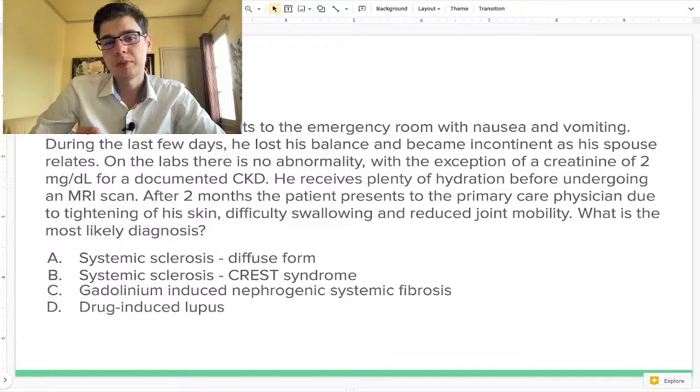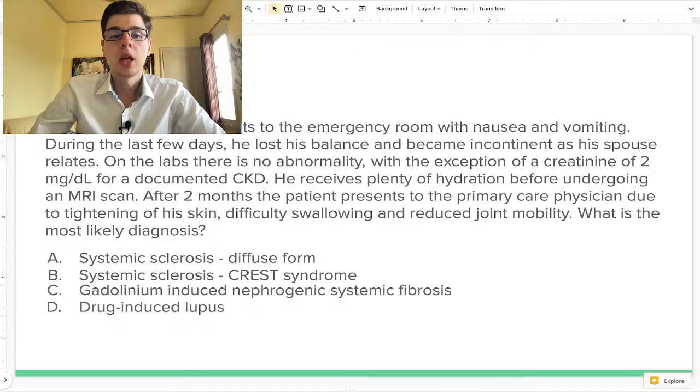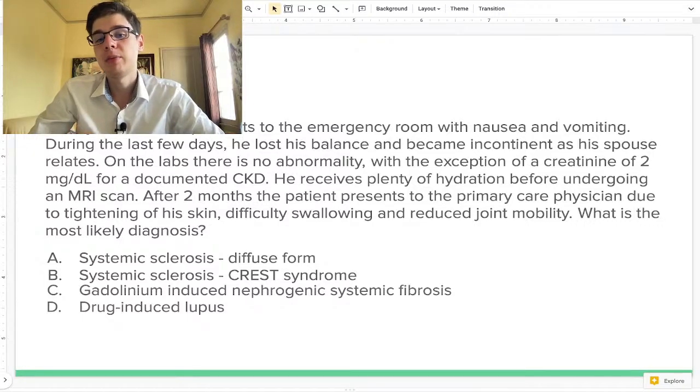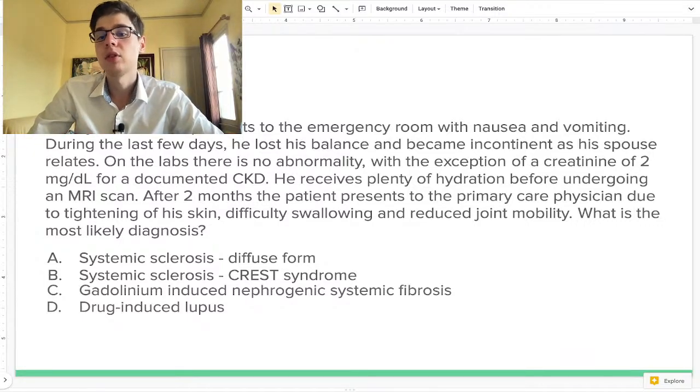What's interesting is that if we would have a diffuse form, the reduced joint mobility is not typical of the diffuse form. However, we have the information that under the conditions of a CKD, he underwent an MRI scan, and only after the MRI scan, he developed this tightening of his skin, difficulty swallowing, and reduced joint mobility.